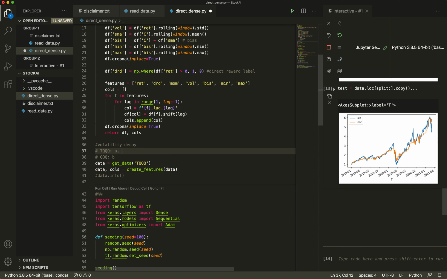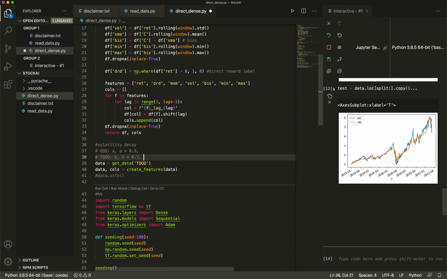But for TQQQ it's 3 times, so a 10% drop in QQQ means a 30% drop for TQQQ. That's B times 0.7 for the second day.